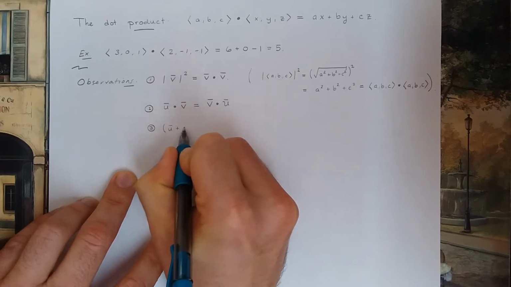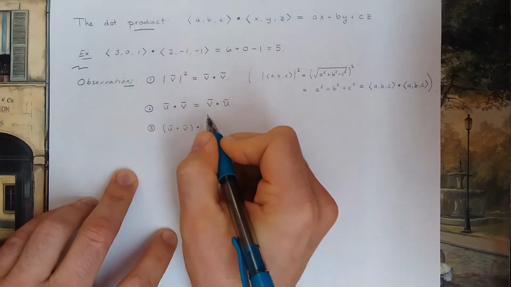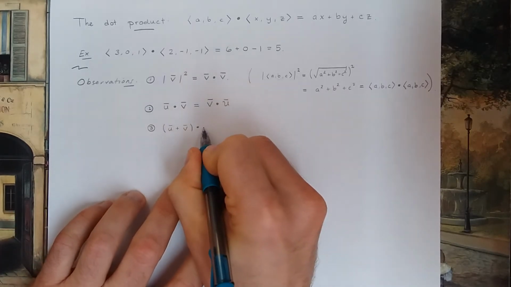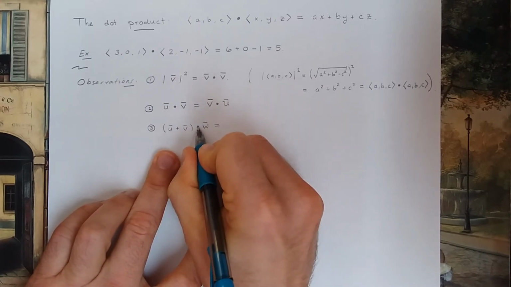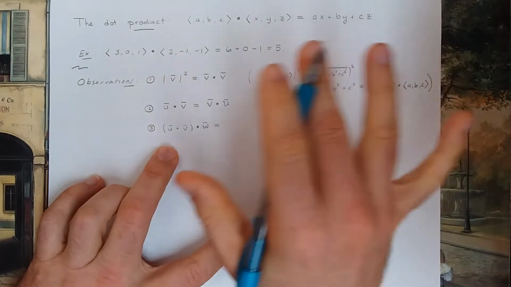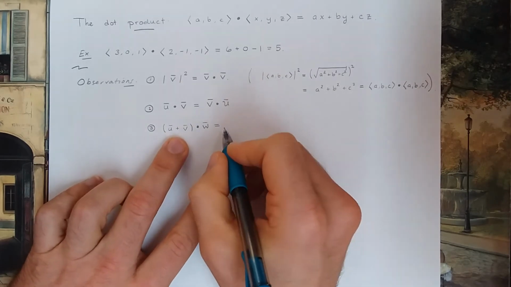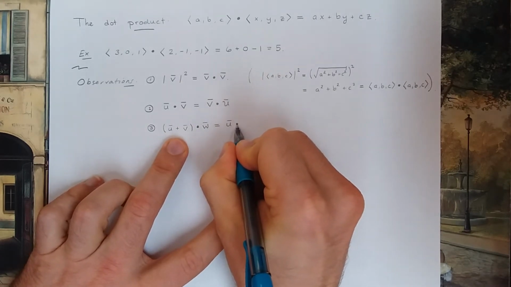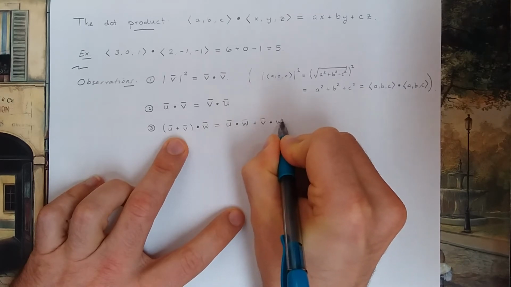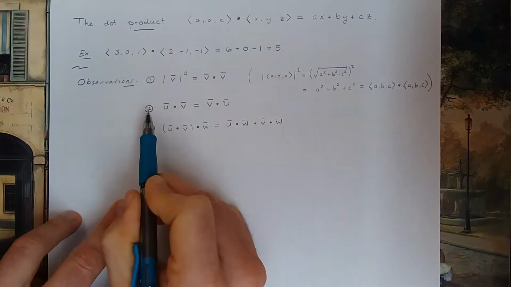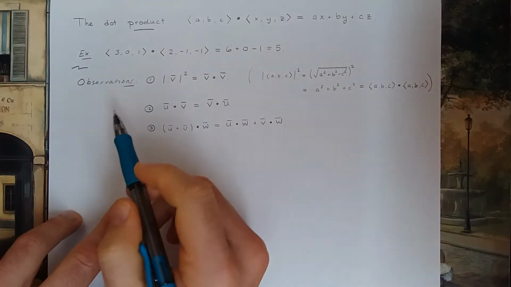If I do u plus v, and I dot that with another vector w, say, then the dot product behaves as you expect multiplication to behave. You're not doing multiplication, you're doing a dot product, but it works almost the same way as multiplication. So you would do u dot w plus v dot w. I'm not going to verify properties 2 and 3, but if you just expand everything out in terms of their components, it works out pretty nicely.